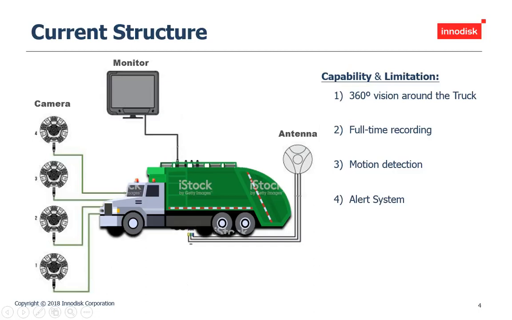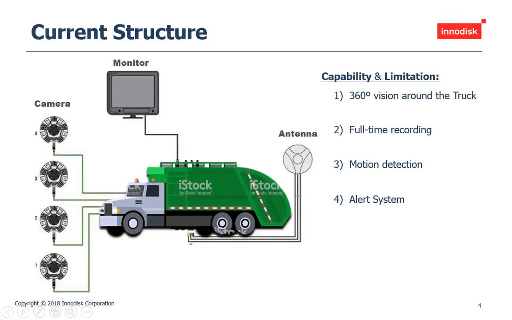Secondly, they offer a full-time recording function to make sure everything is recorded and saved in the truck. Also, they have a motion detection function, and if anything goes wrong, the alert system will show the image on the monitor so the driver can have a look at it.